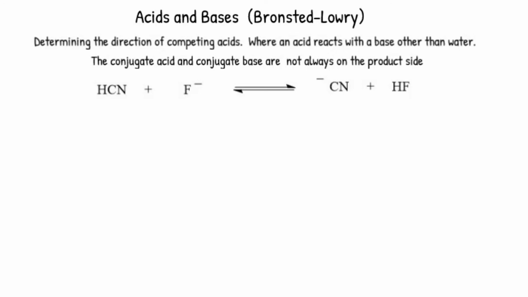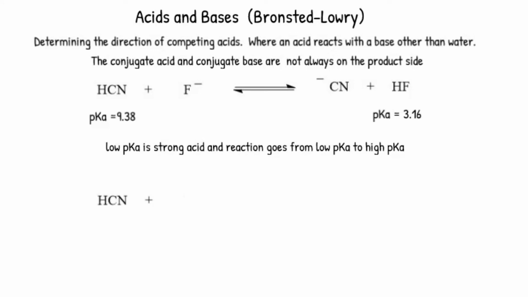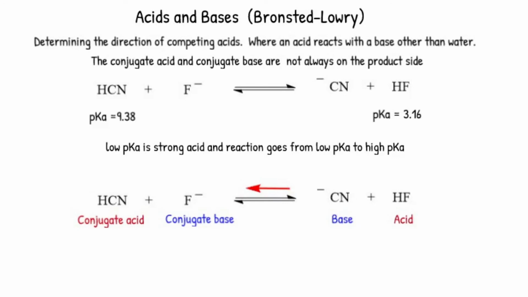To determine the direction of the reaction, evaluate the pKa. HCN has a pKa of 9.38 and HF has a pKa of 3.16. The low pKa gives a stronger acid and the reaction goes from low pKa to high pKa. The conjugate acid and the conjugate base are found on the left side or the reactant side.